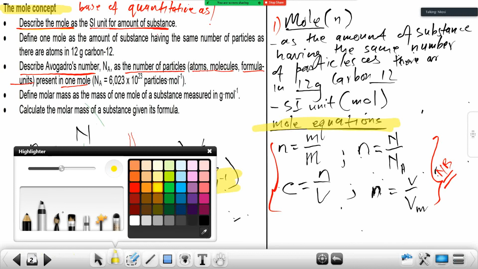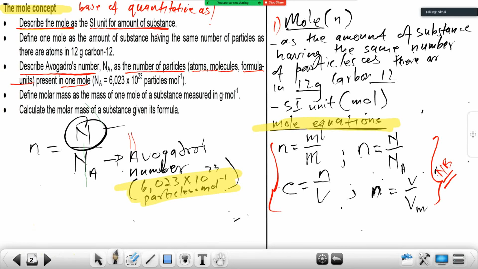With that, this N can be any number of particles, as well as number of atoms, molecules, and formula units. When I am expected to calculate the number of particles, I must relate that to the Avogadro number.